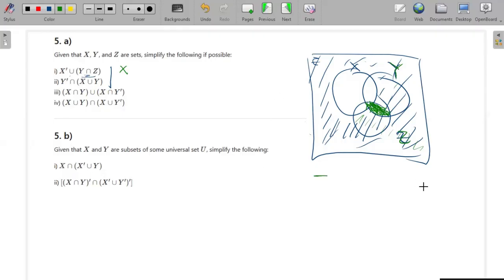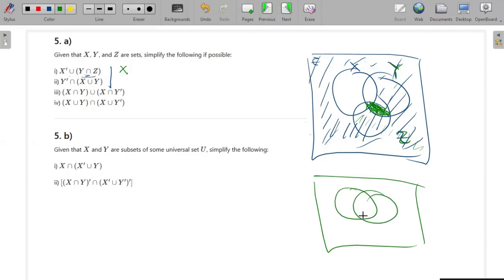If you were to draw it separately and shade it, you will have this part here shaded, and also the remaining parts outside X shaded. I don't think you can write that any further. Well, you continue to do further practice.